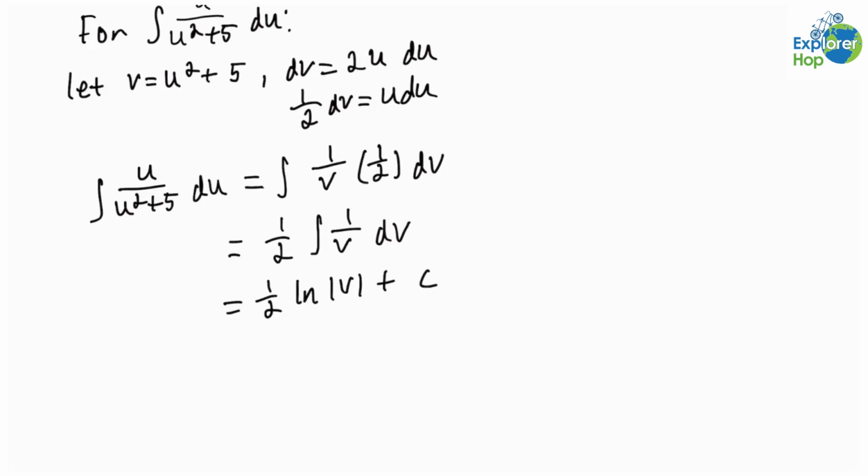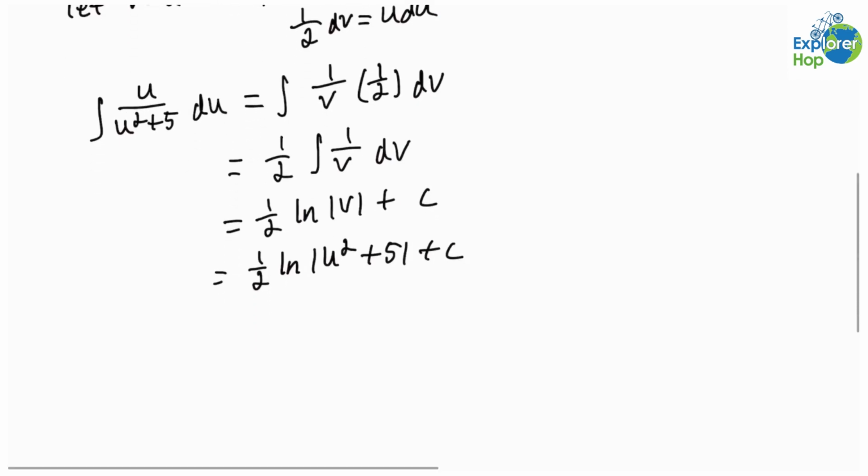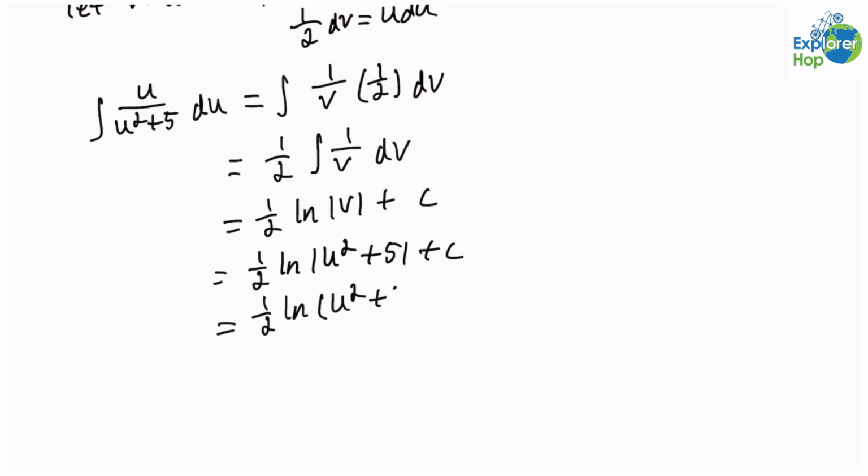And subbing v equals u squared plus 5 back in, this is equal to 1/2 times ln of the absolute value of u squared plus 5 plus some constant c. But we can take out the absolute value because we know that u squared plus 5 will always be greater than 0. So this is just equal to 1/2 times ln of u squared plus 5 plus some constant c.